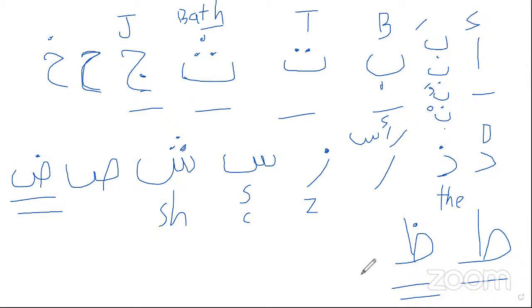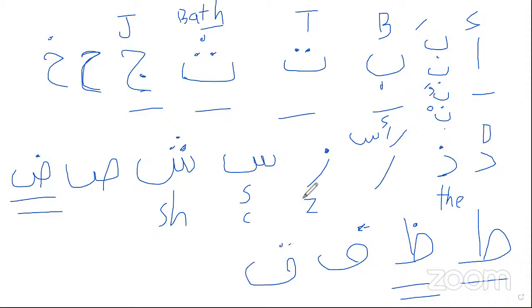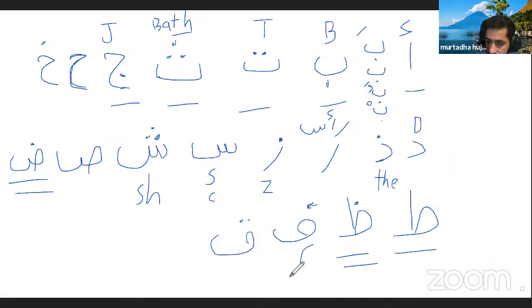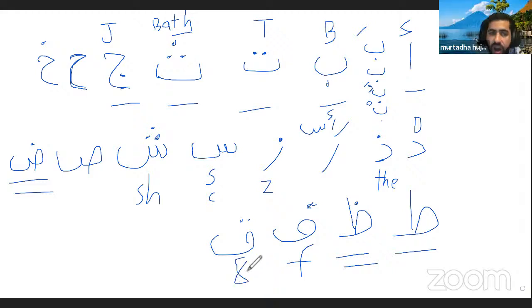We can do Fa and Qaf, another two sisters. The first one, Fa, is easy for you, it is the F in English. However, what is a little bit difficult is Qa.